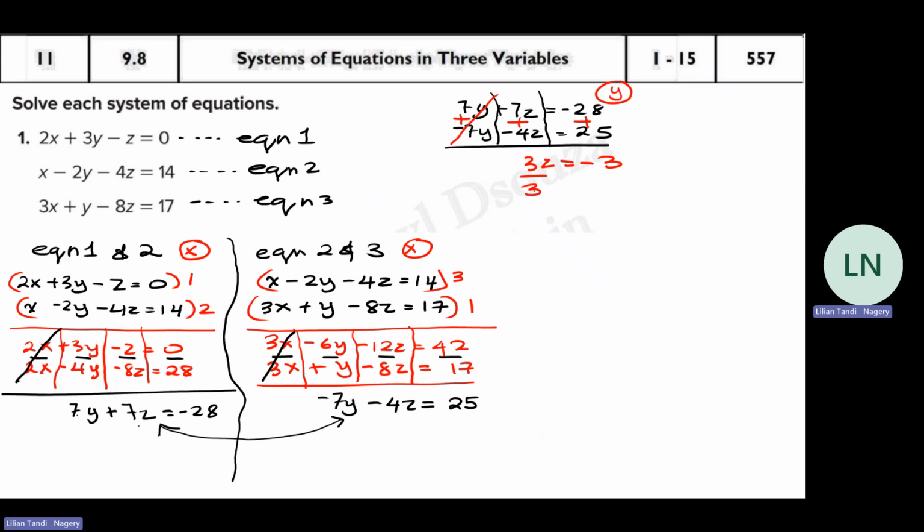Then I divide by 3, same with 3. So z is negative 1. Up to there, I have found z.